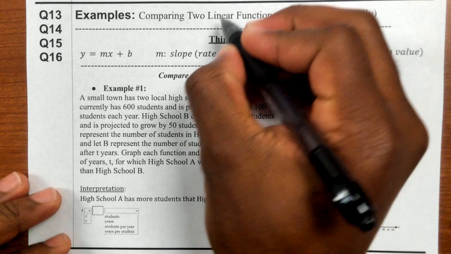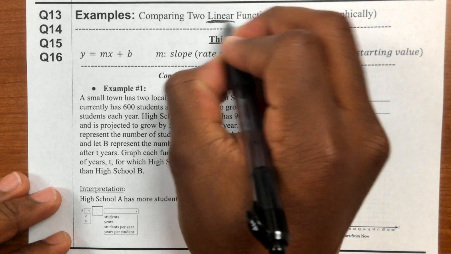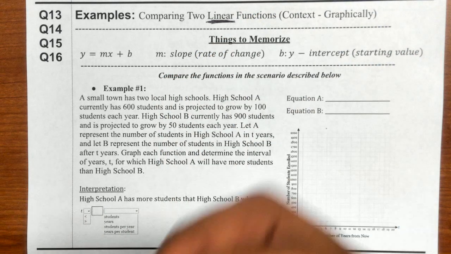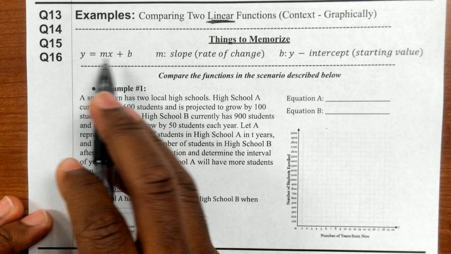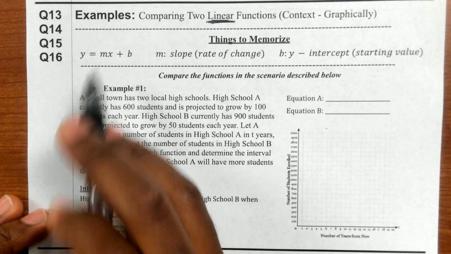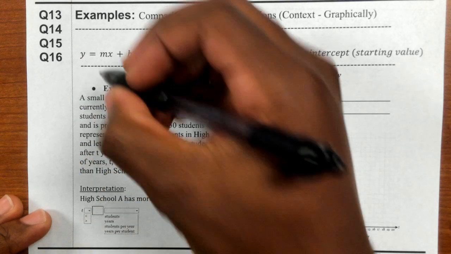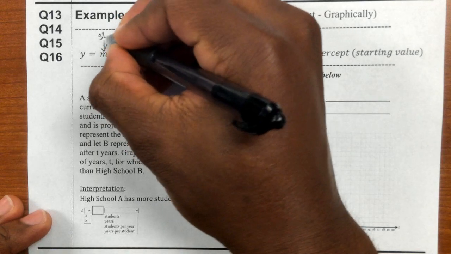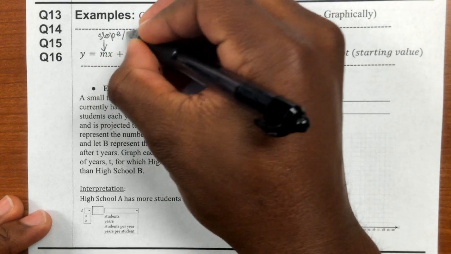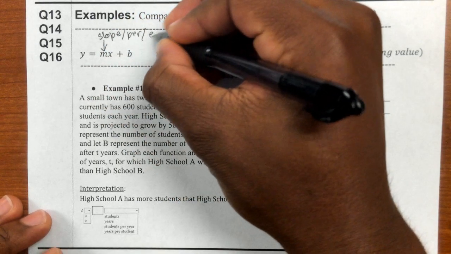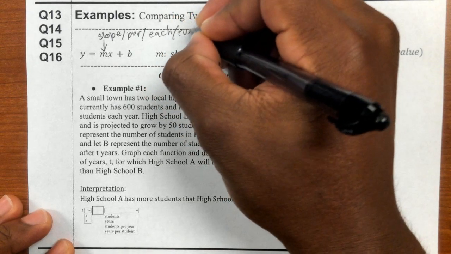So whenever you see the word linear, or whenever you're trying to write an equation, that general equation is going to be in the form y = mx + b, where we know y is the total, m is the slope, and the keywords for slope are per, each, every, rate.